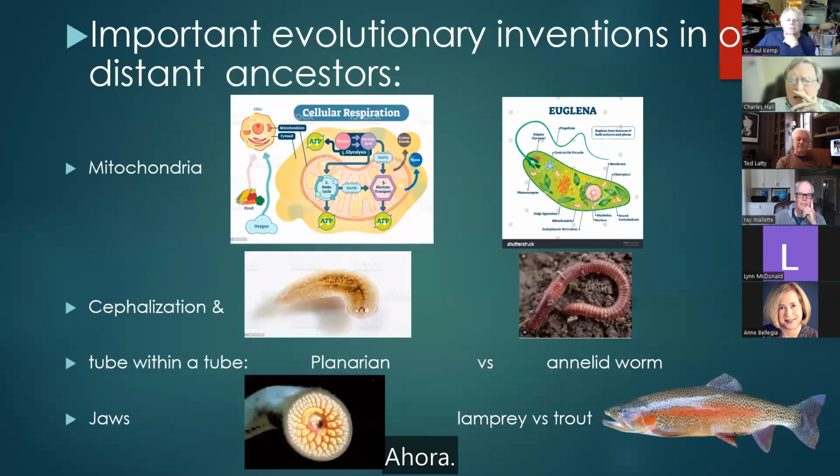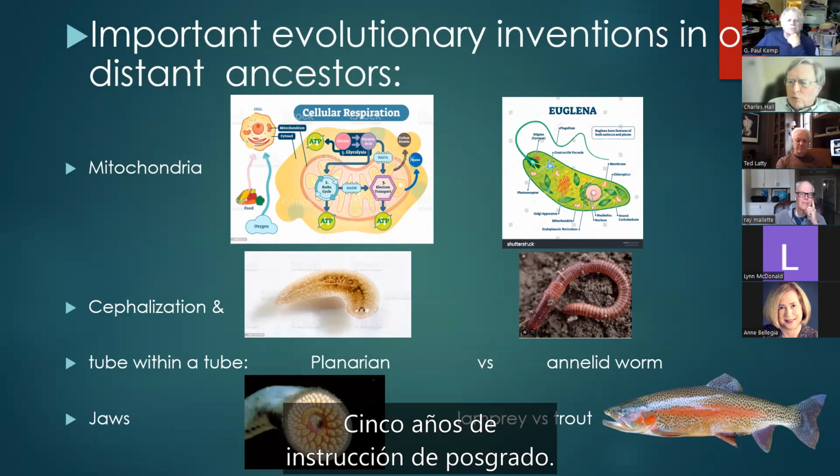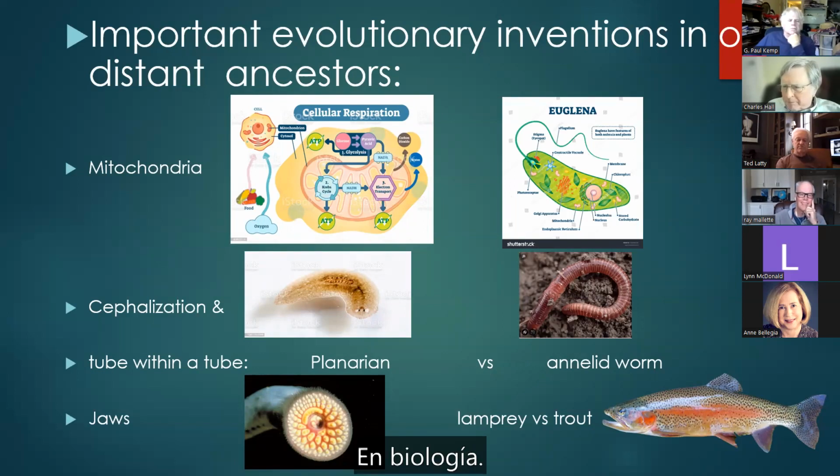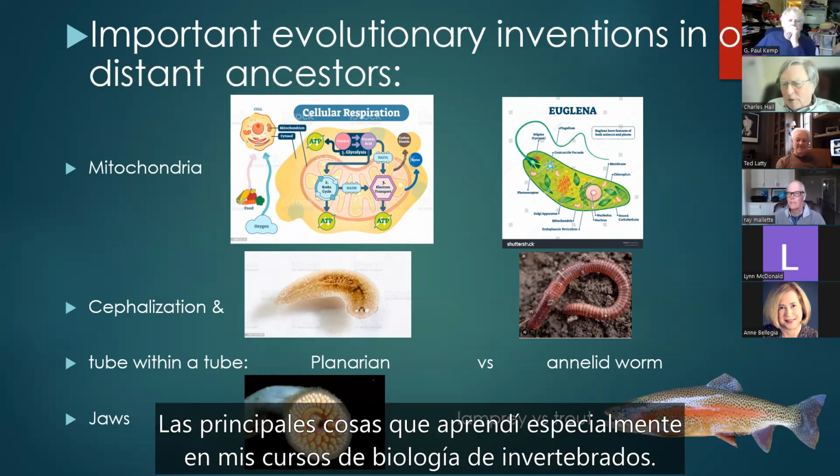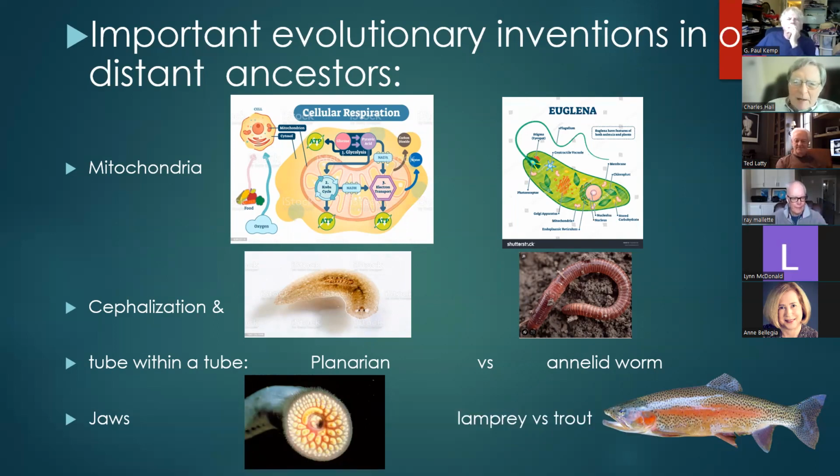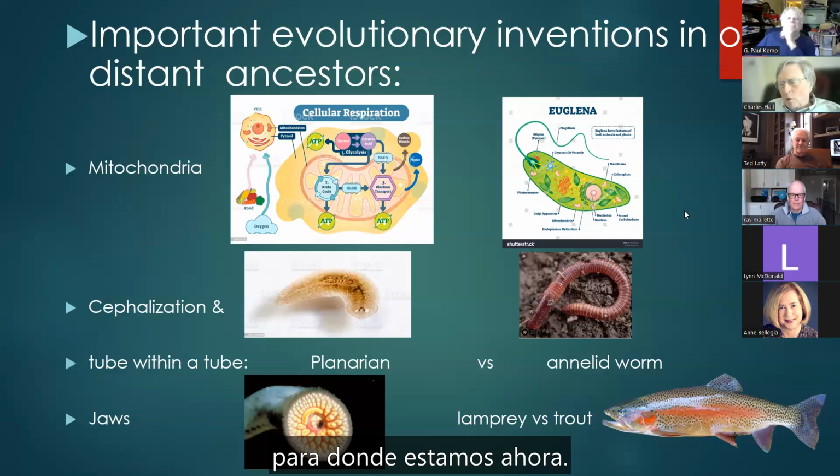Okay, now I'm going to save you from having to take 5 years of graduate instruction in biology and tell you the main things that I learned, especially in my invertebrate biology courses, about how natural selection has prepared us over a couple of billion years for where we are now.